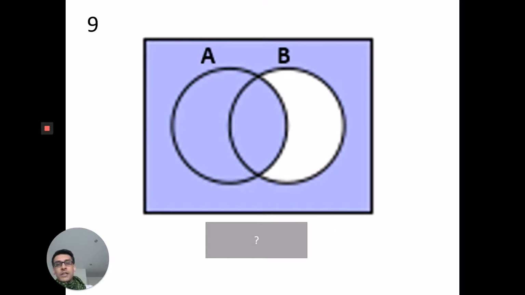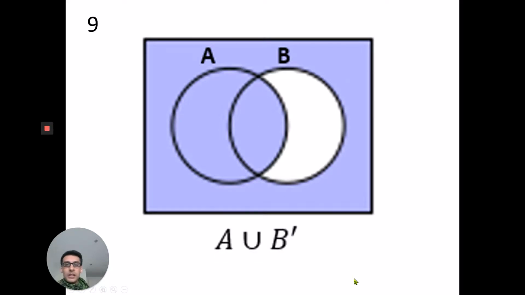You've shaded in A, and then you've shaded in everything outside of A. So what you can say is it's going to be the set A intersecting with everything that's not B. So it should be union. Oh, let's try that one again. Question 9.